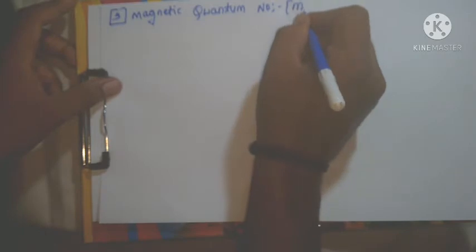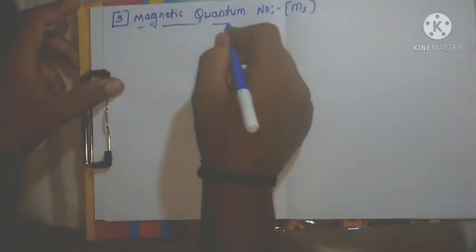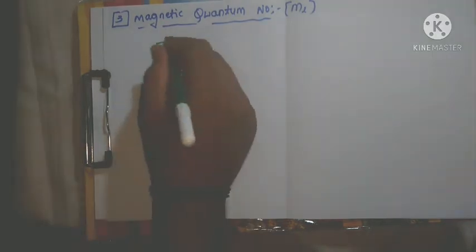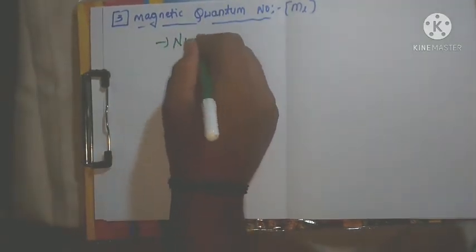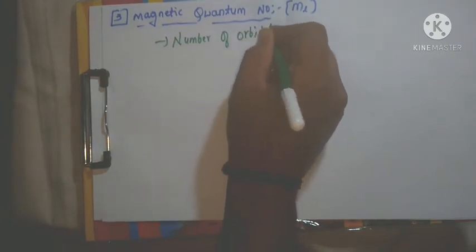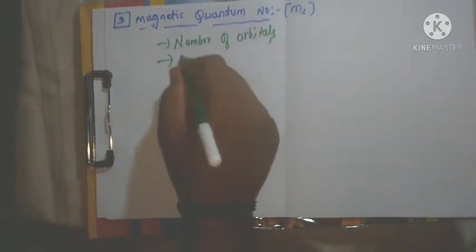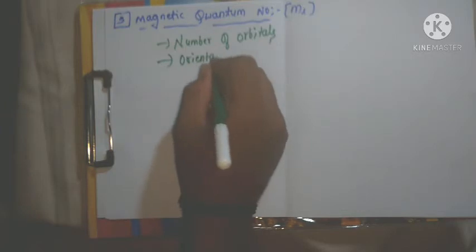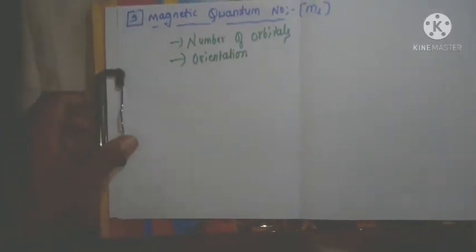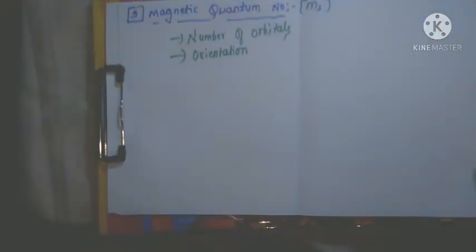The symbol is small ml. Here it gives information about the number of orbitals and also the orientation of orbitals. Now we will see first one by one, right?